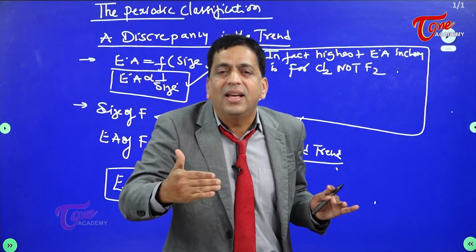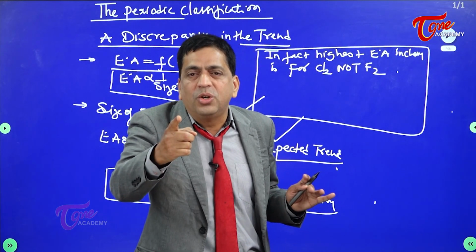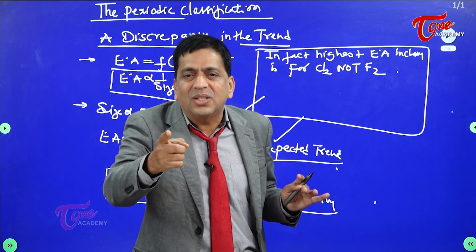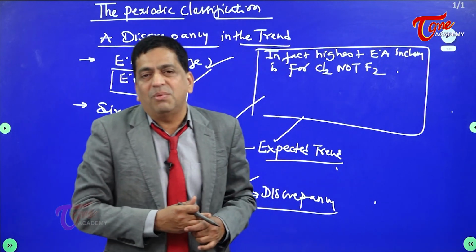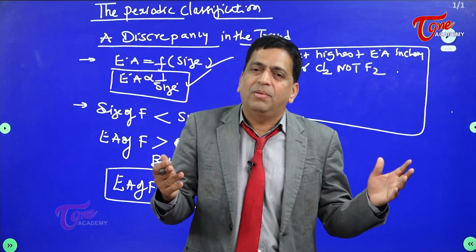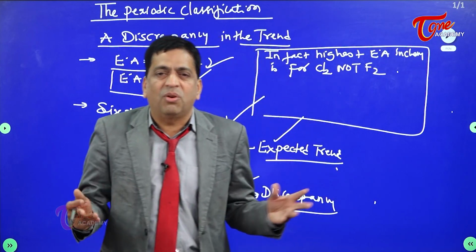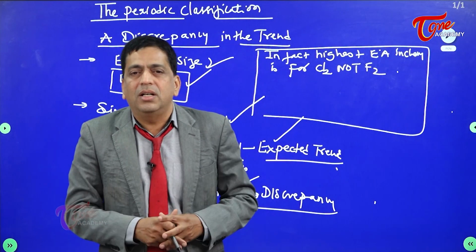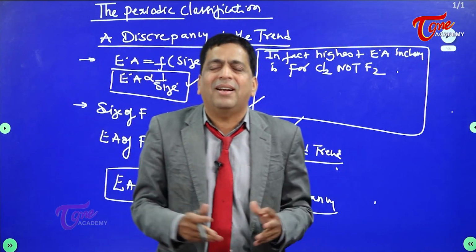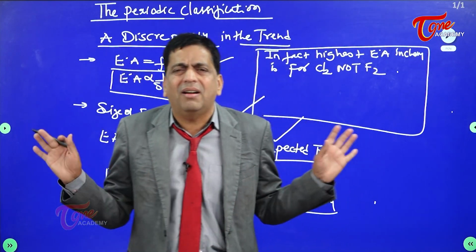Very slightly. I'm trying to induce this into you, because when I write such sweeping statements, people have a prejudice towards fluorine that it's not loving electrons. No, absolutely not. Both are great lovers. Fluorine and chlorine, both are great lovers.